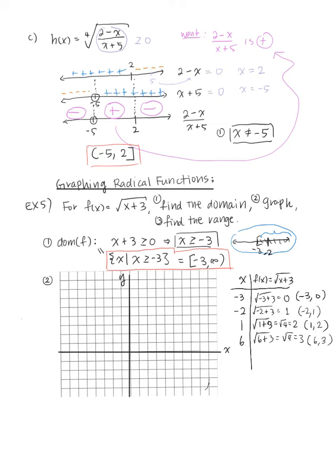So let's plot negative 3 comma 1. So negative 3, oh sorry, negative 3 comma 0, sorry about that. Negative 3 comma 0, that will be here. And then negative 2 comma 1. And then 1 comma 2.